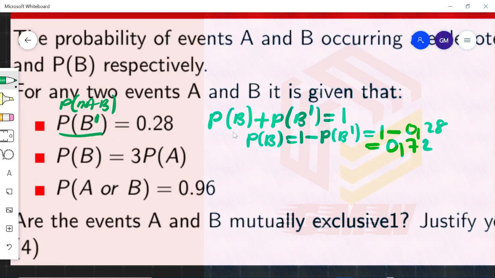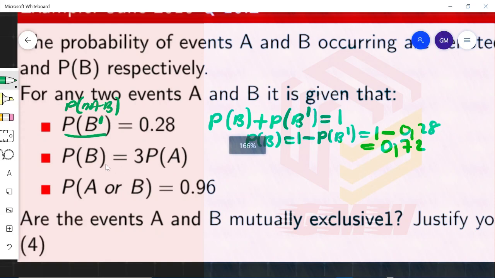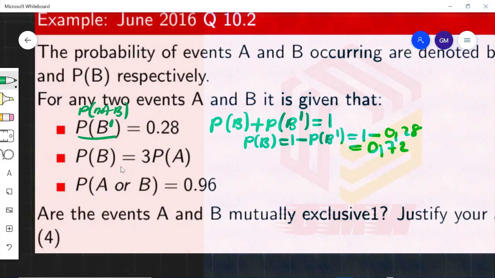Then they say probability of B is equal to 3 times probability of A. I can get probability of A by dividing both sides by 3, because B we already know. Let us go on.